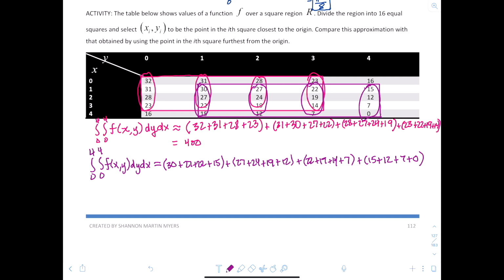And if I added this correctly, I would get 272.